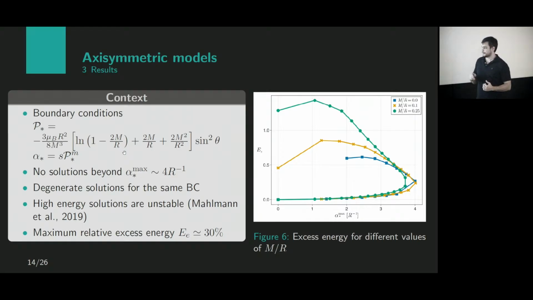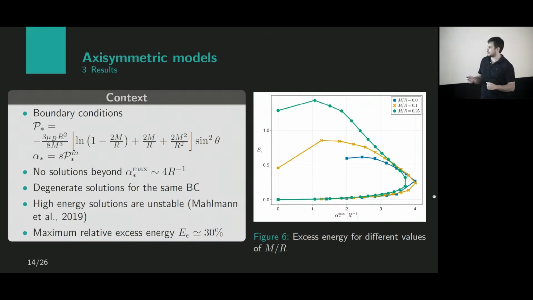So one thing that is, here are all the families of the solutions that we encountered. One important thing that you can see here is that beyond this value of, let's say, maximum value of alpha at the surface, 4, no solutions can be found. So no force-free solutions can be found. This means that force-free condition is violated if you increase too much the alpha parameter.